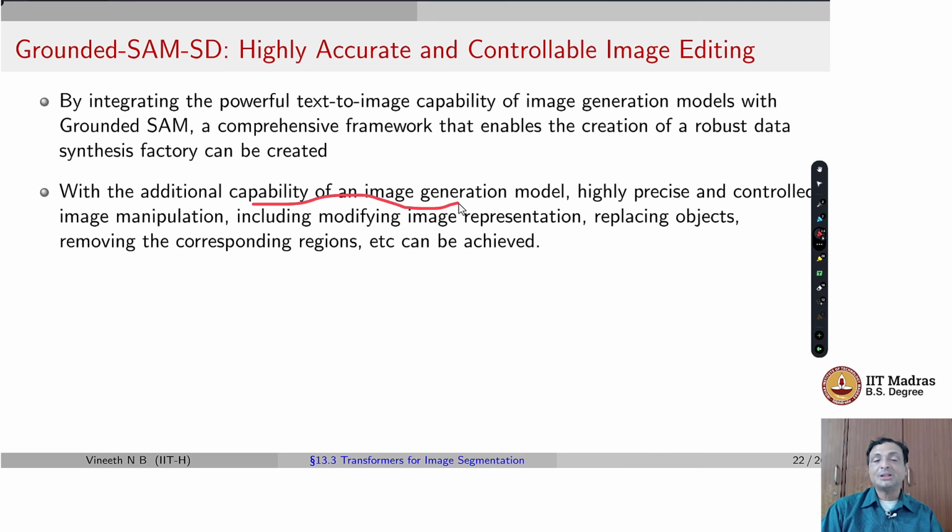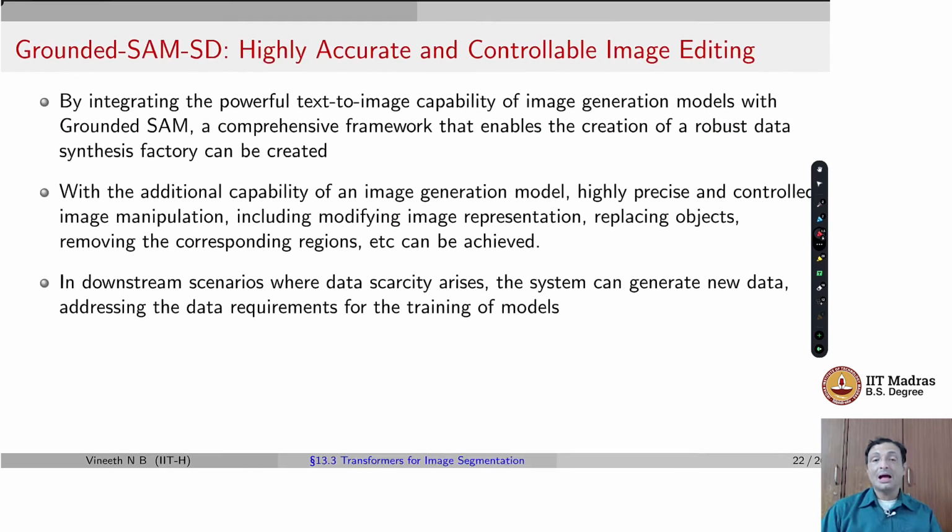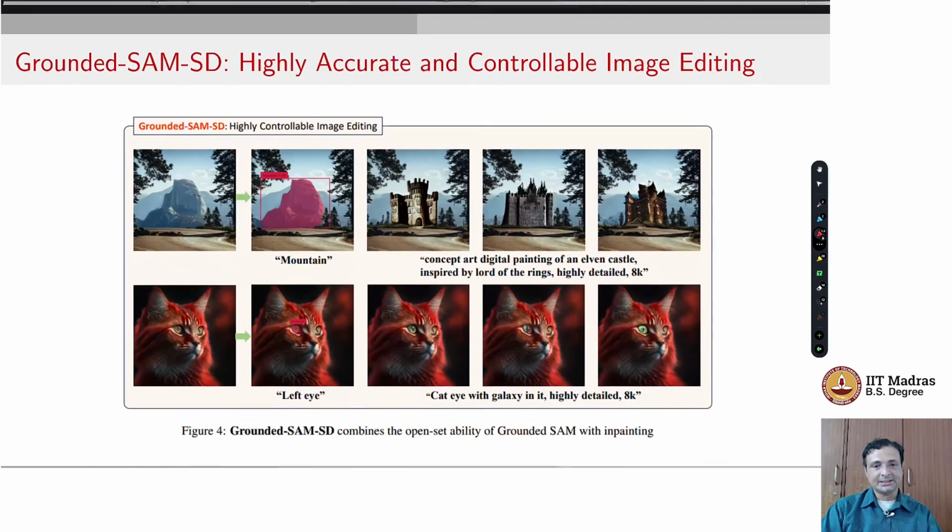Having the capability of an image generation model, you can now control image manipulation, including image generation, and represent specific objects or remove certain regions in an image, so on and so forth. This has potential for generating synthetic images of different kinds, which could then be used for training data sets.